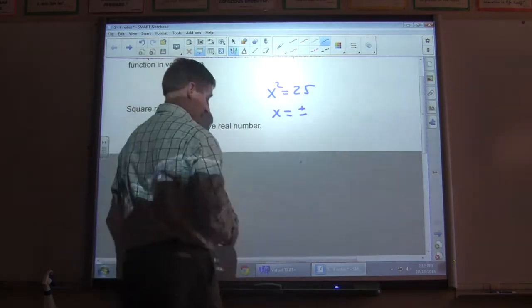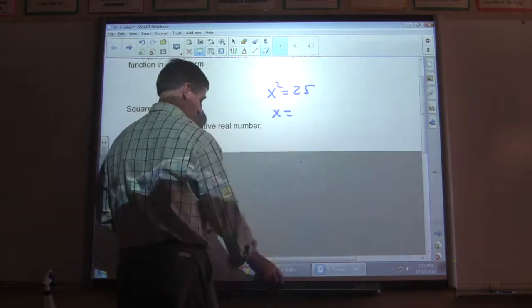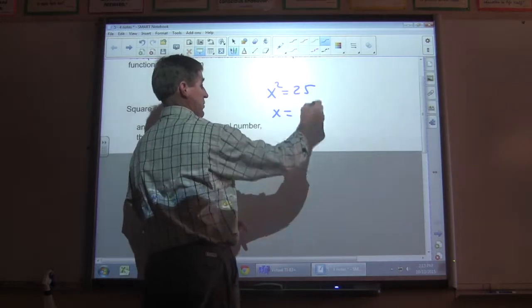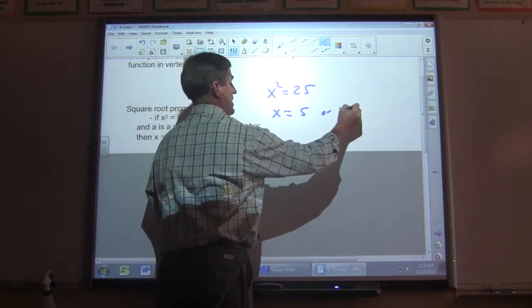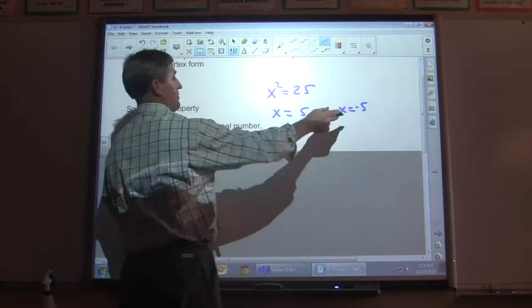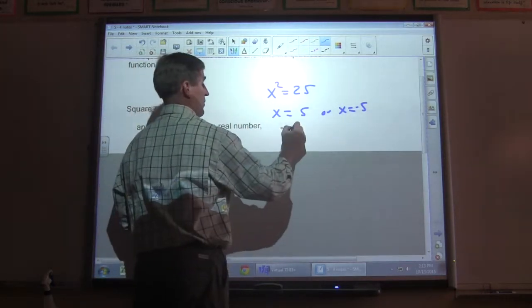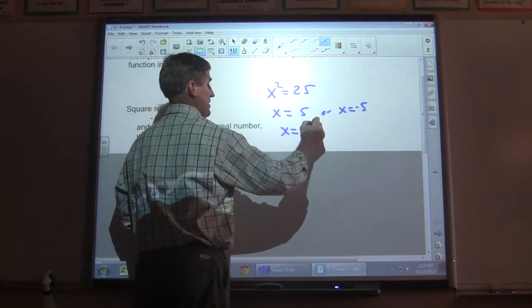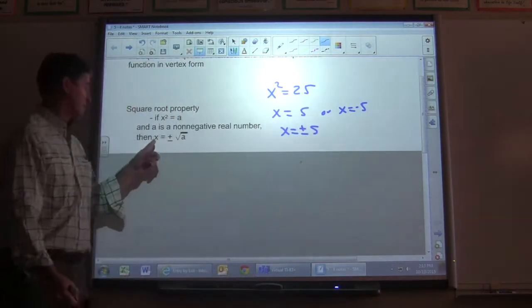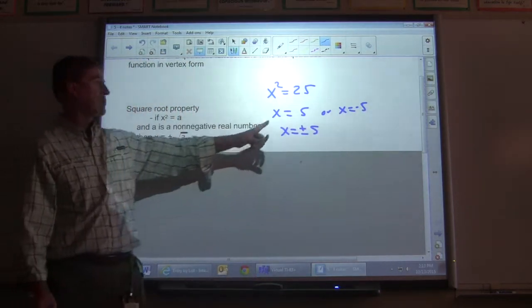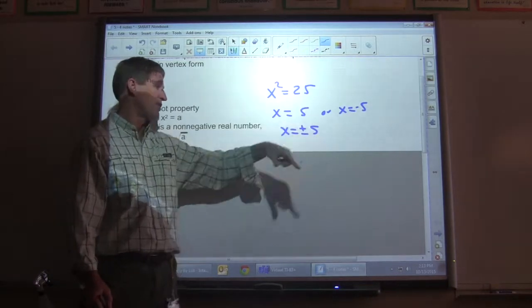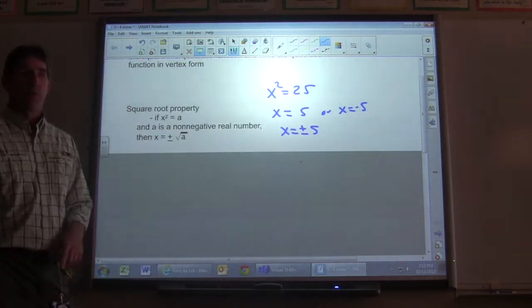So we can just write that. So x equals 5 because 5 squared equals 25, or x equals negative 5 because negative 5 squared is also positive 25. The way we'll write that is we'll just do plus or minus the square root of a, so we took plus or minus the square root of 25, which is 5. So that works.